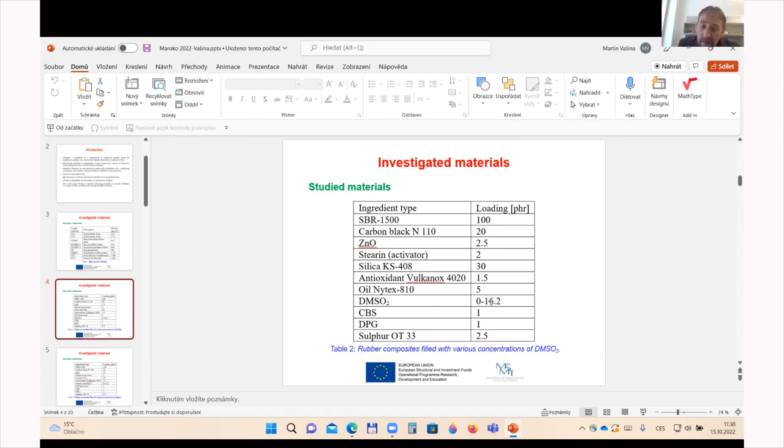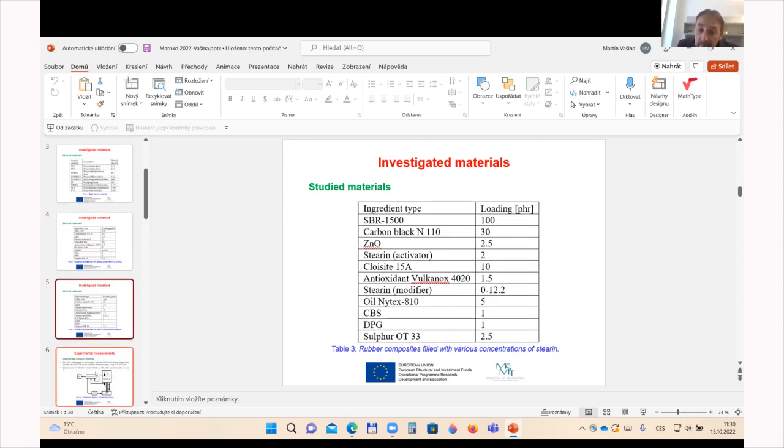We have different rubber samples with different concentrations. And secondly, we studied different rubber composites that were filled with different concentrations of stearin. The stearin was a modifier in these composites.